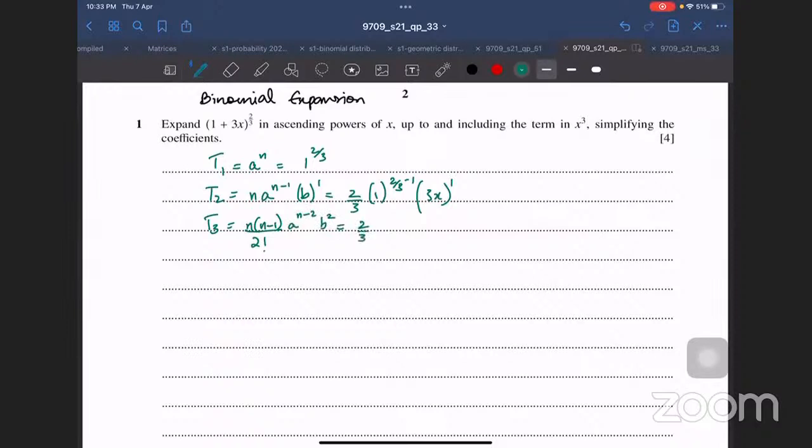So I get 2/3 times (2/3 minus 1) divided by 2 factorial, 3x squared. Term number 4 is n(n-1)(n-2) over 3 factorial, a^(n-3), b^3.